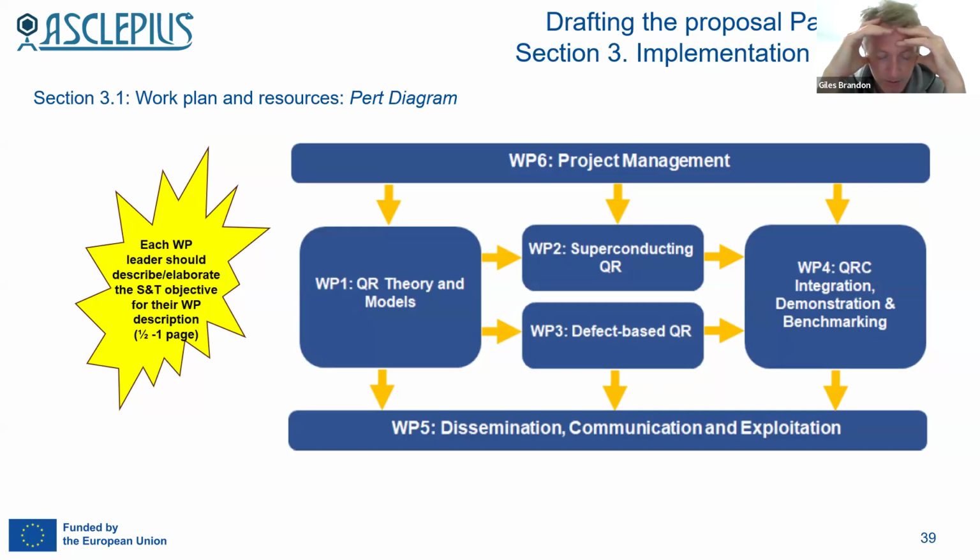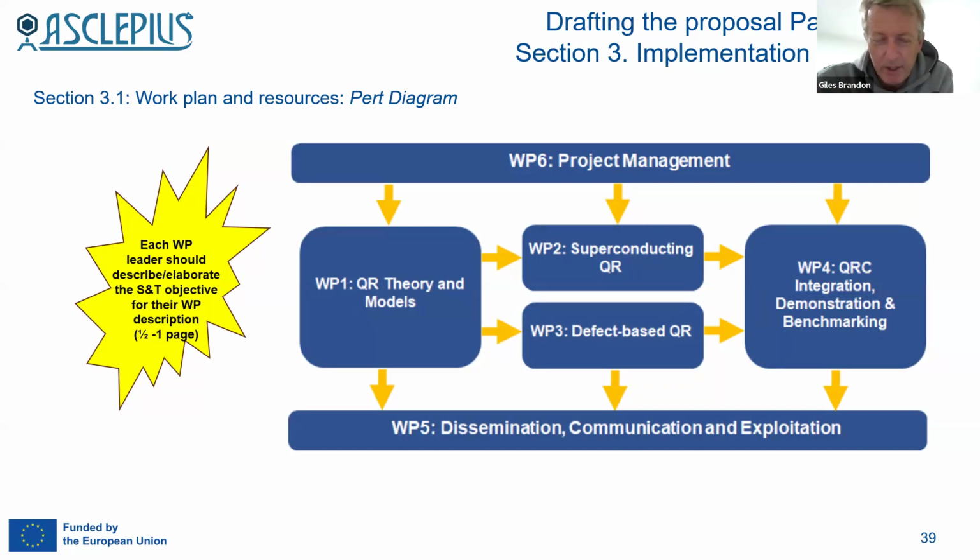This is with any kind of physics, chemistry kind of related project, you usually got some kind of more theory modeling kind of work package, which is supposed to then influence the development of materials or components. In this case, the theory is driving the development of 2 different types of quantum reservoir, a superconducting one and a defect-based one, which in turn, provided they can develop good enough prototypes, they'll end up going into this work package 4 where a demonstrator will be built and some benchmarking.